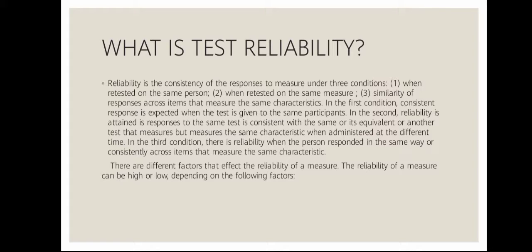In the first condition, consistent response is expected when the test is given to the same participants. In the second, reliability is attained if responses to the same test are consistent with the same or its equivalent, or another test that measures the same characteristic, when administered at a different time.